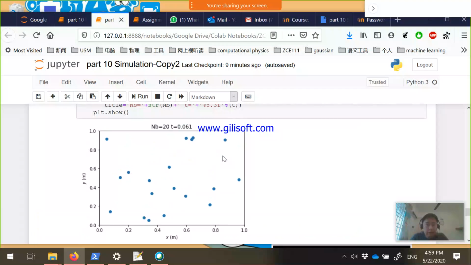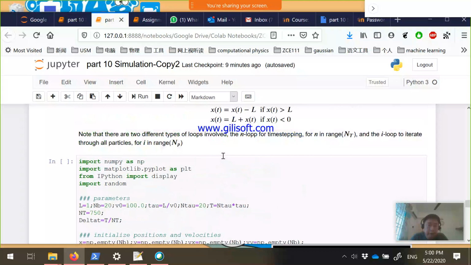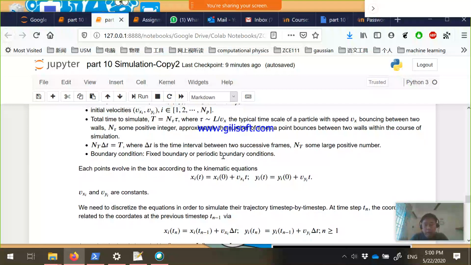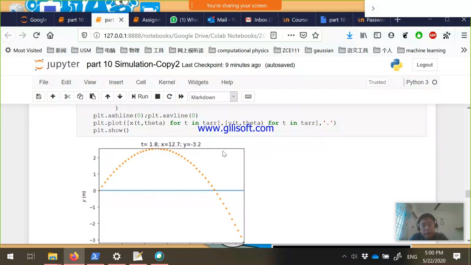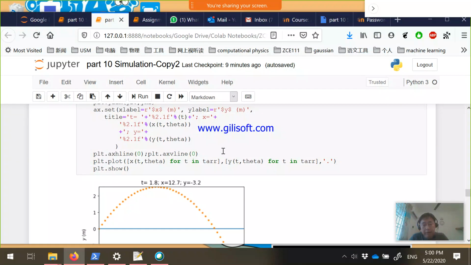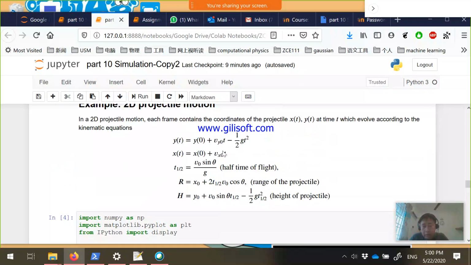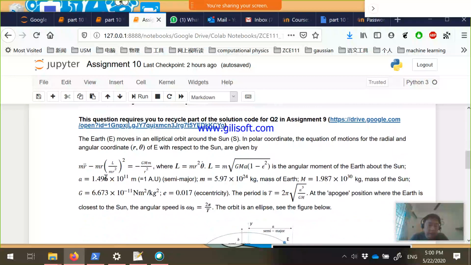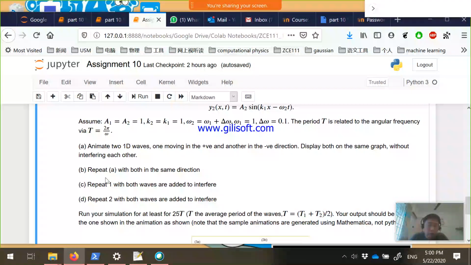Okay, so we don't have much time. We have this example which I have not explained to you, which is a simulation of a box of particles where they collide and bounce off the box. But we will do this later on when you come back from holidays. I think assignment 10 could be more than what you can consume.